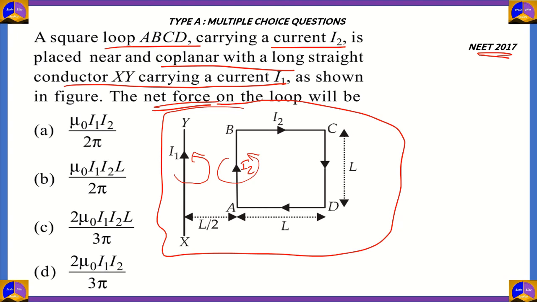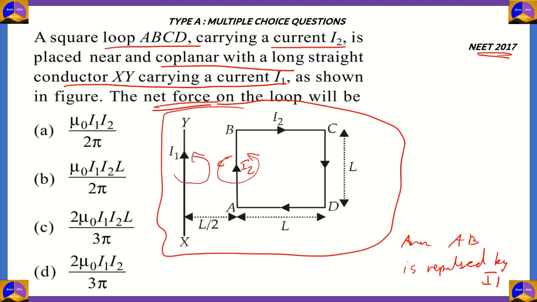And as you can see, in this scenario, the loop coming out of AB is being pushed with the loop coming out of XY, and they are in opposite directions, so therefore there is a repulsion. So arm AB is repulsed by the current I1.